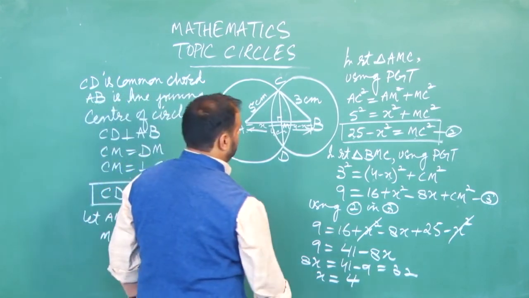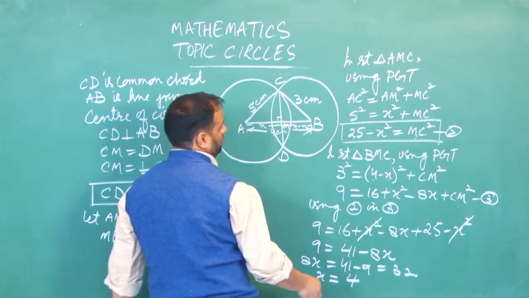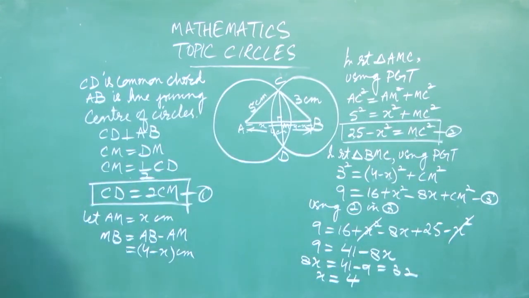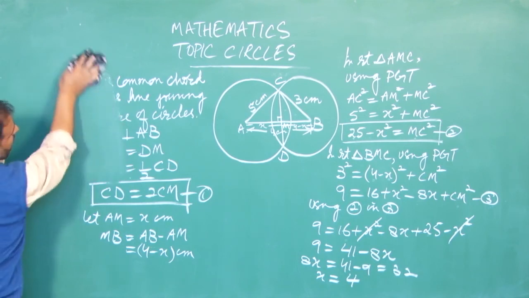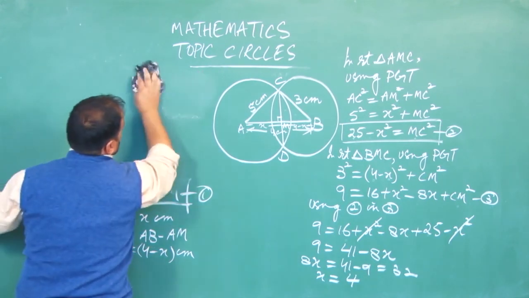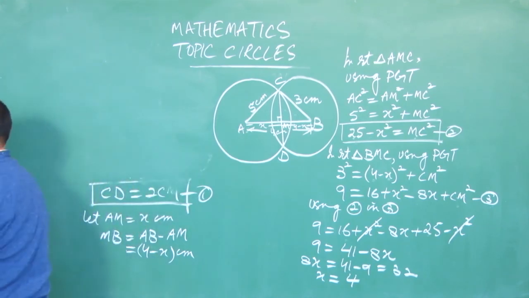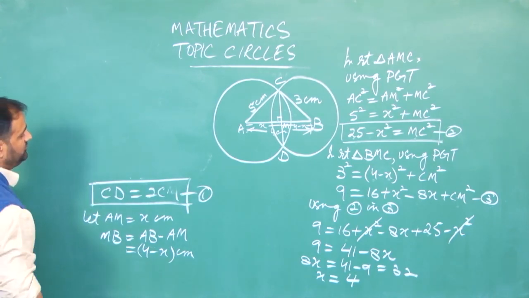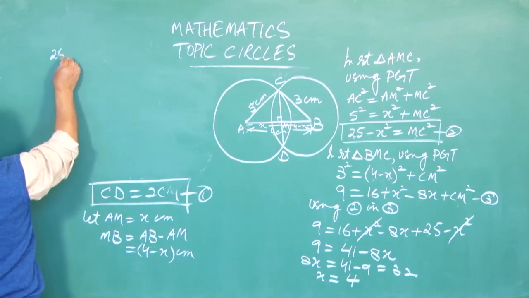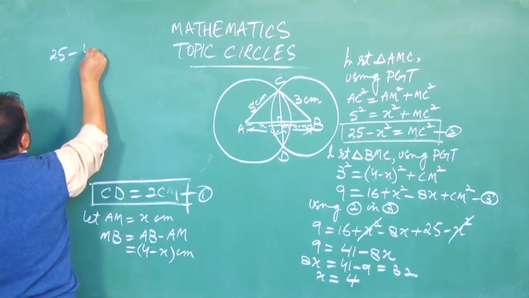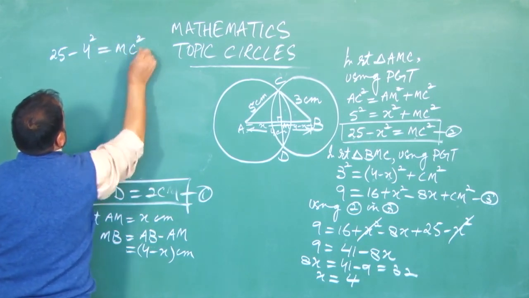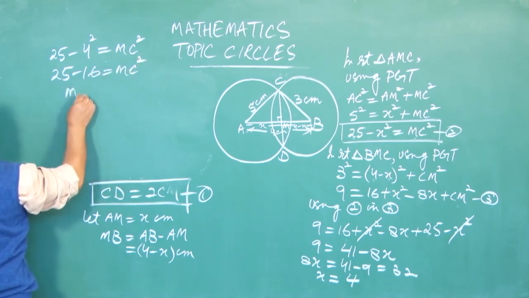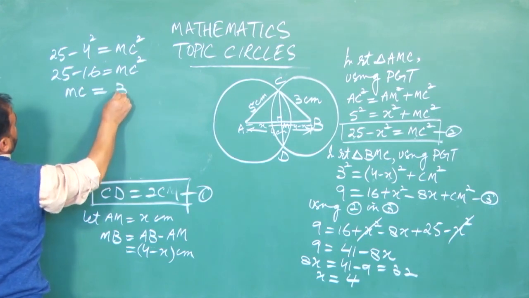Now, using x equal to 4 in equation 2, so as to get CM: 25 minus x square, instead of x write 4 square, is equal to MC square. 25 minus 16 is equal to MC square, or MC square is equal to 9, which brings MC equal to 3.